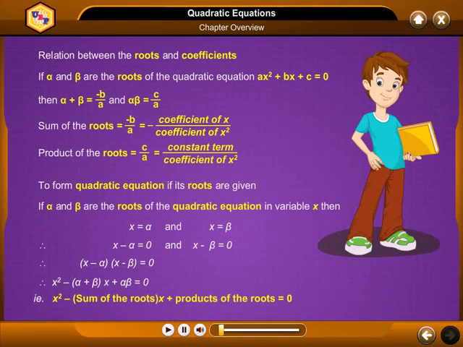That is, x square minus (sum of the roots) x plus product of the roots is equal to 0.